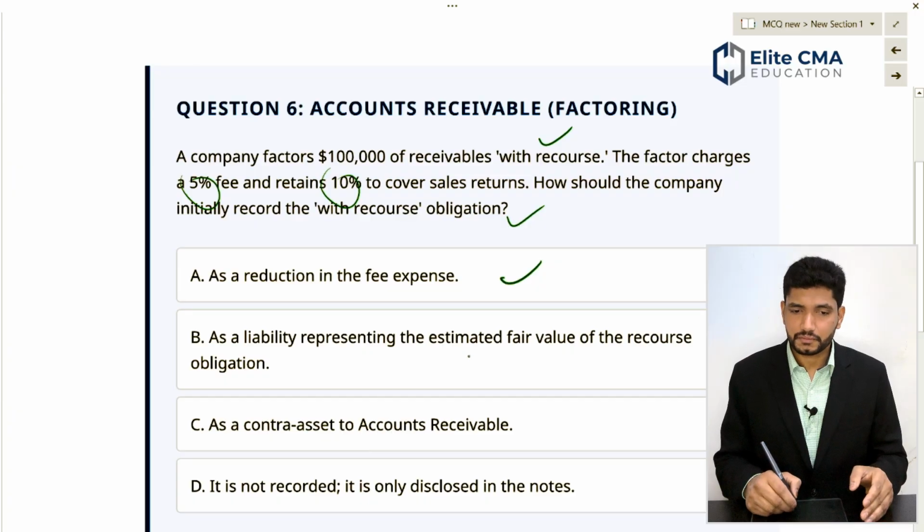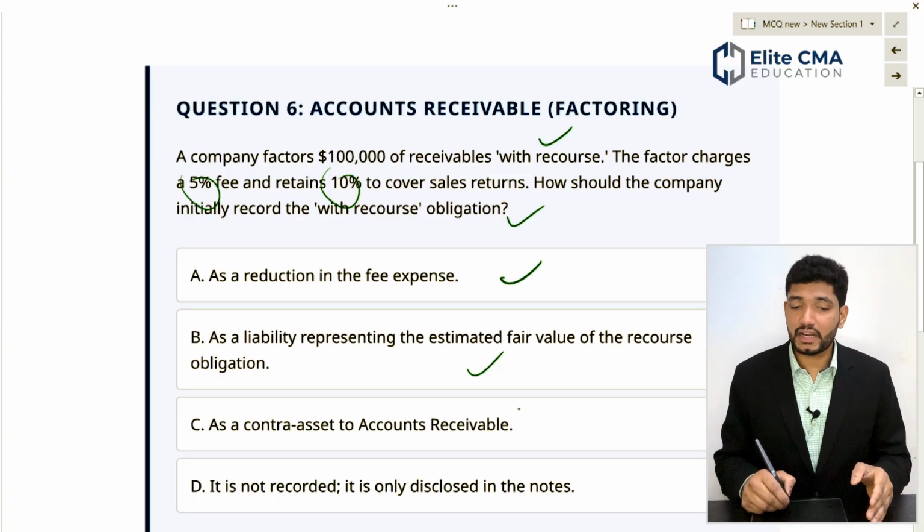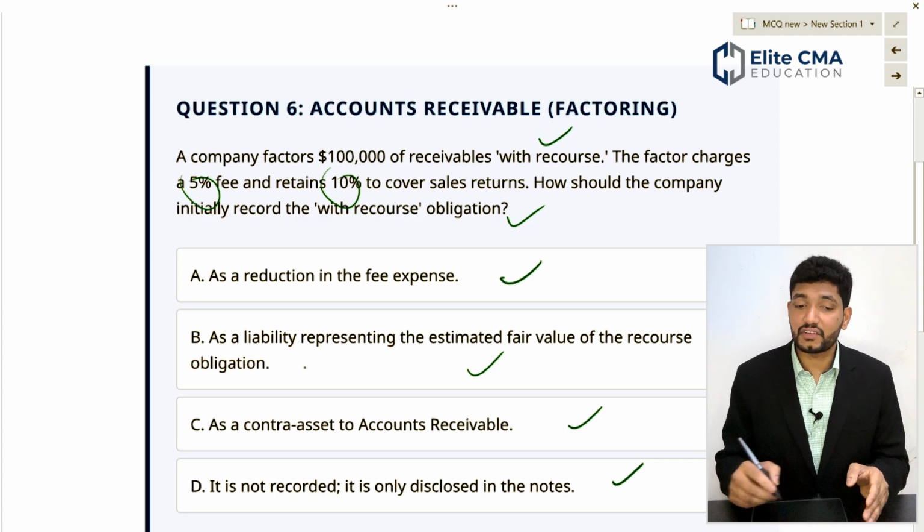Option B, as a liability representing the estimated fair value of the recourse obligation. Option C, as a contra asset to accounts receivable. Option D, it is not recorded, it is only disclosed in the notes. If you are looking into the options, you can see that option B is the right answer here.